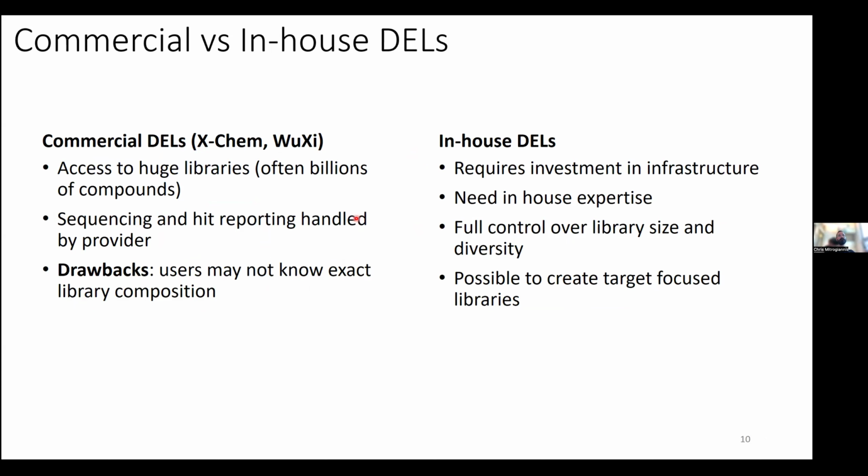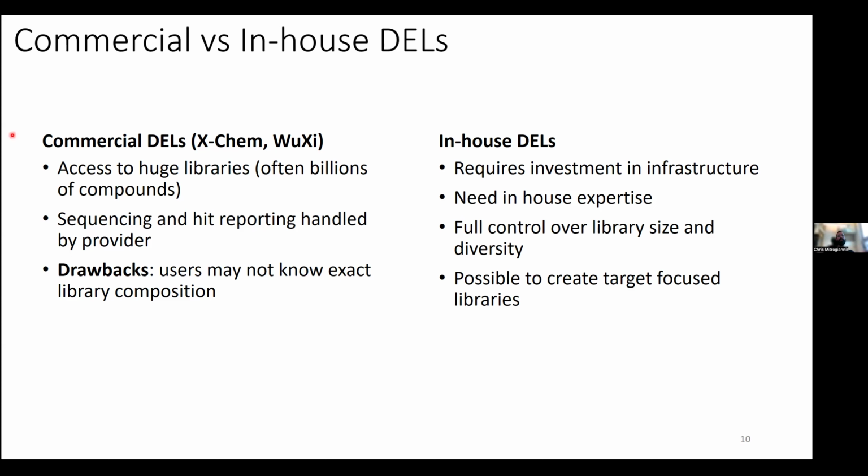So in our lab and in an academic environment, we can use DNA-encoded libraries in two different ways. The first one is to use commercially available libraries that are provided by vendors like XChem, Lucy, Aptec, HitGen, and many pharmaceutical companies.